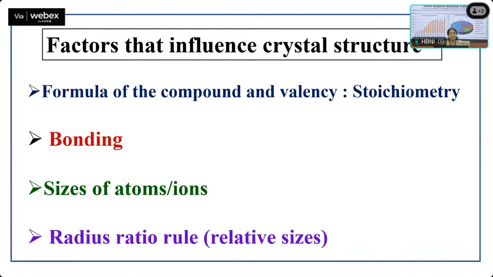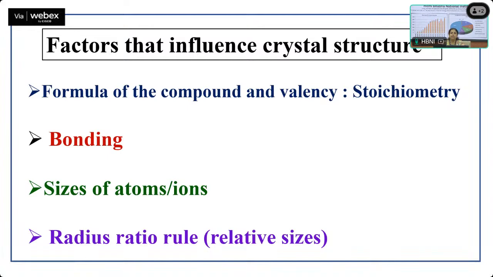So what are the factors that can influence crystal structure? Don't even think about what I need to learn. First, what is the formula of the compound? I have to see the stoichiometry. If the stoichiometry is 1:1 and my atom has to go into an octahedral hole, I know that all the octahedral holes would be occupied.